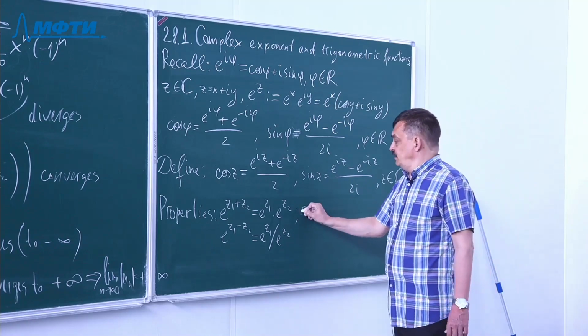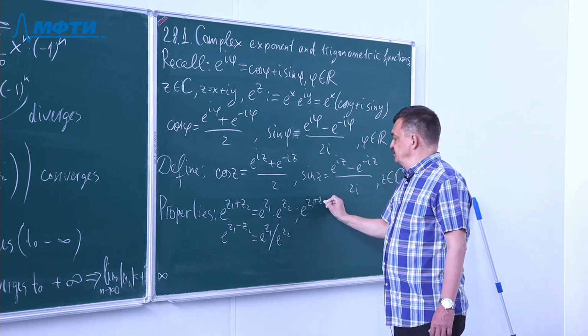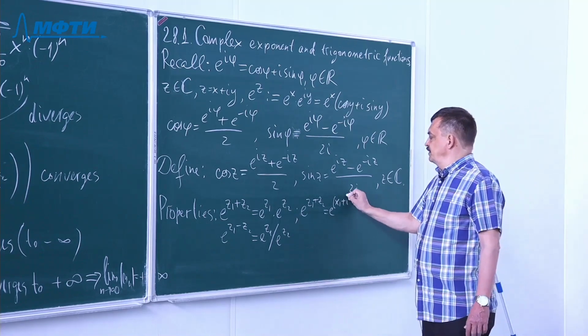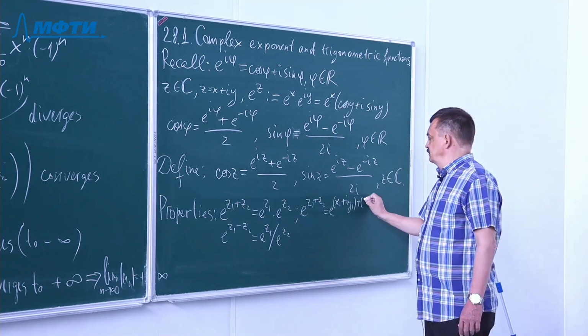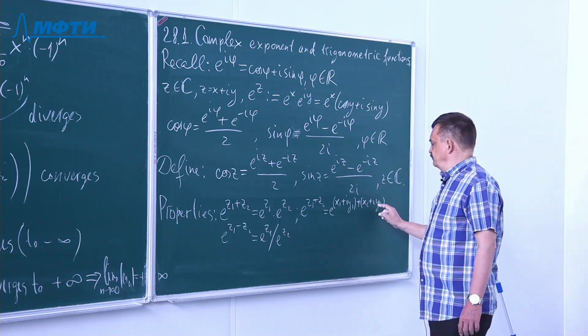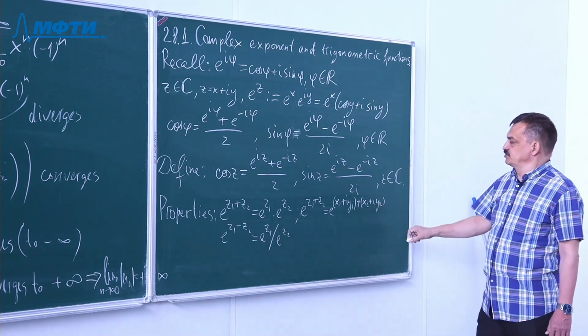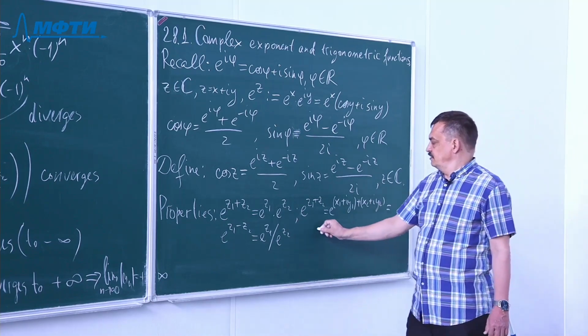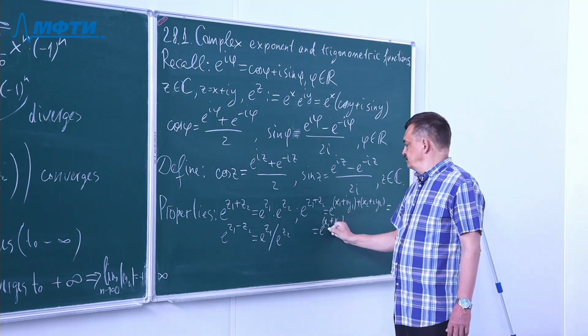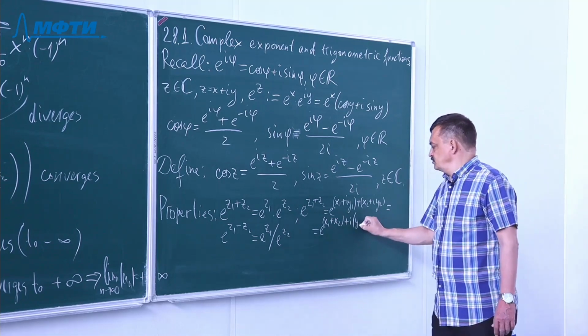So e to the power z1 plus z2. If I substitute x1 plus i y1, x2 plus i y2 in terms of real and imaginary parts, then we can replace it as follows.